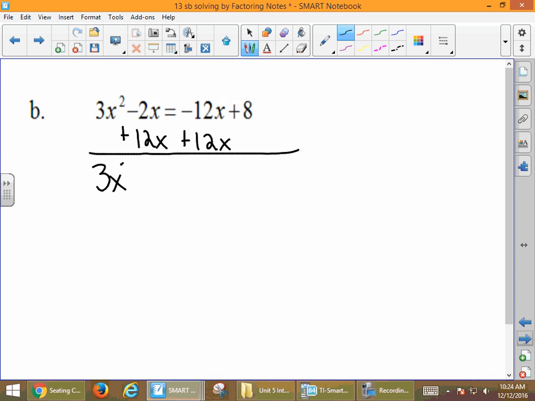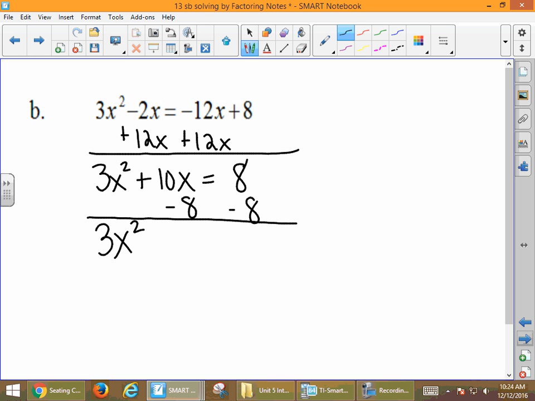We end up with 3x squared plus 10x equals 8. What we're trying to accomplish here is that we want the equation set equal to 0. So we need to subtract 8 from the other side as well. And we get 3x squared plus 10x minus 8 equals 0.